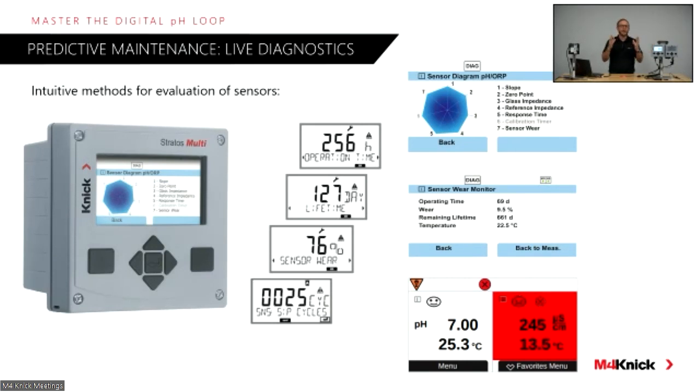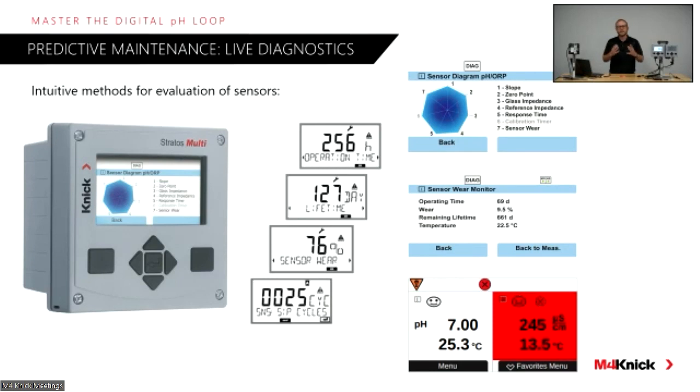These diagrams become extremely useful when troubleshooting electrodes. Again, can I clean and calibrate this sensor and put it back into service? Or is it more beneficial, because the sensor has a lot of wear, to replace it with a new sensor? This diagram would help the end user or the operator understand what they need to do from a troubleshooting and maintenance standpoint.